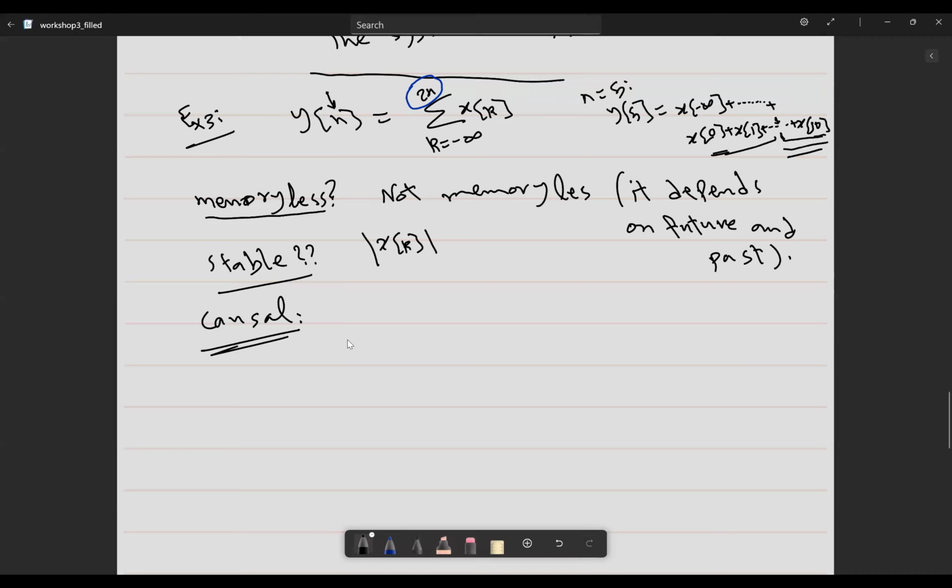Yeah. So if n equals 1, this will be a function of x2, in addition to other terms, but x2 is what matters, which is in the future. Okay, that makes sense. So this system is not causal because it depends on the future.